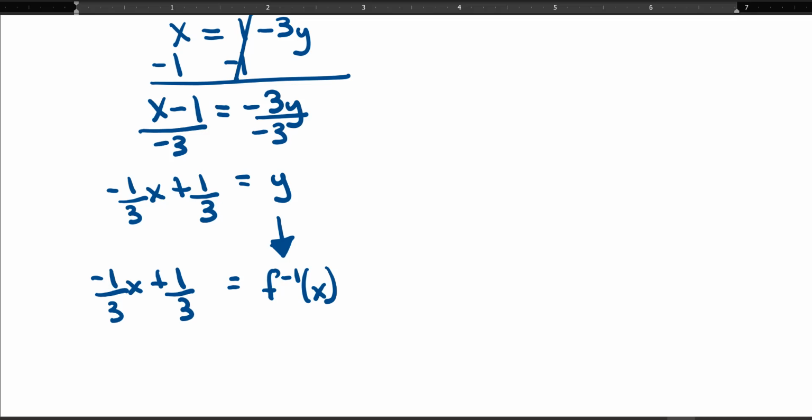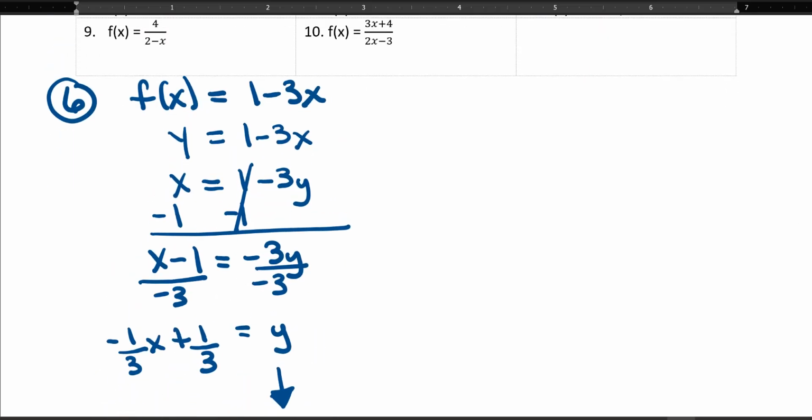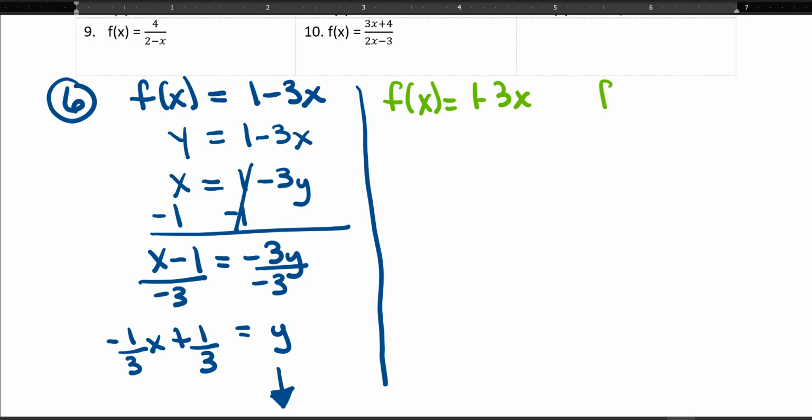All right, so next, part A is asking us to check our work. And we will, but we won't be able to do that for every last question, just for the timing of the video. So here is our original function. Here's our inverse function.